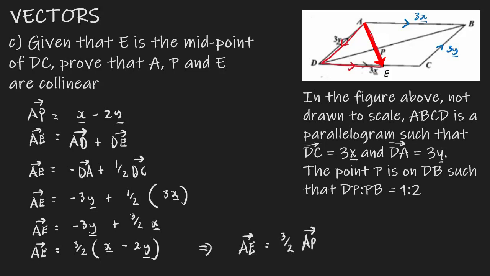So, vectors AP and AE share the common point A. And vector AE is equal to 3 on 2 the vector AP. I could write vector AE in terms of vector AP by using a scale factor of 3 on 2. Therefore, points A, P, and E are collinear. That is our answer.